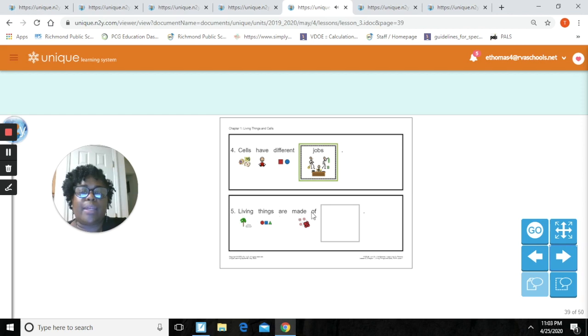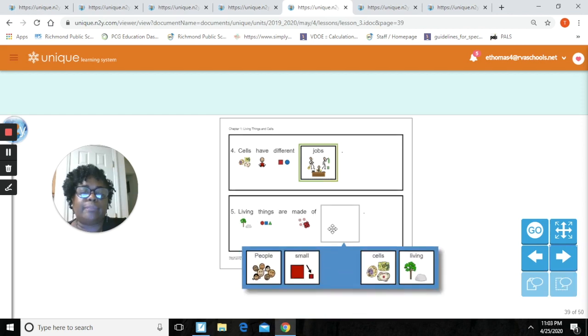Living things are made up of what? Let's see. People, small, cells, or living. Which word is going to go in the blank? So let's see. Let's use our story to help us figure out the answer.